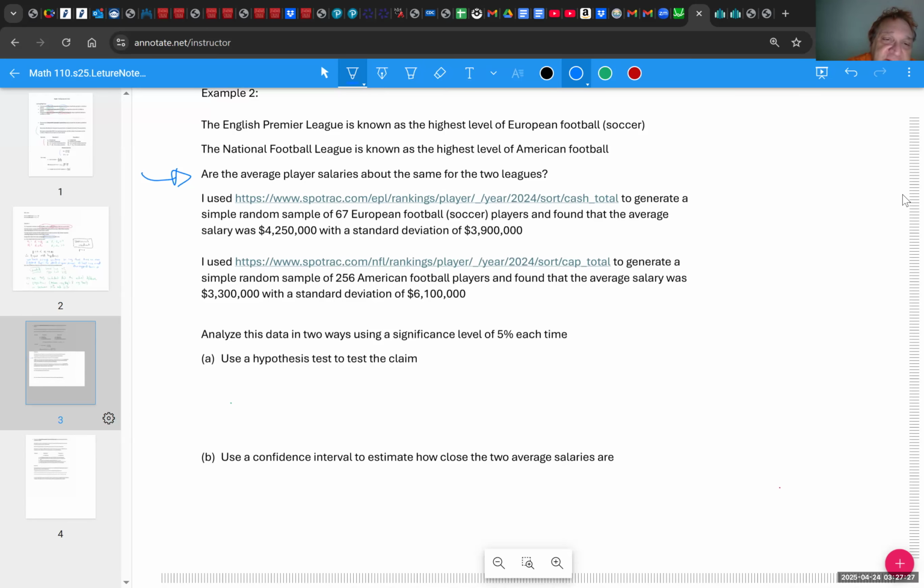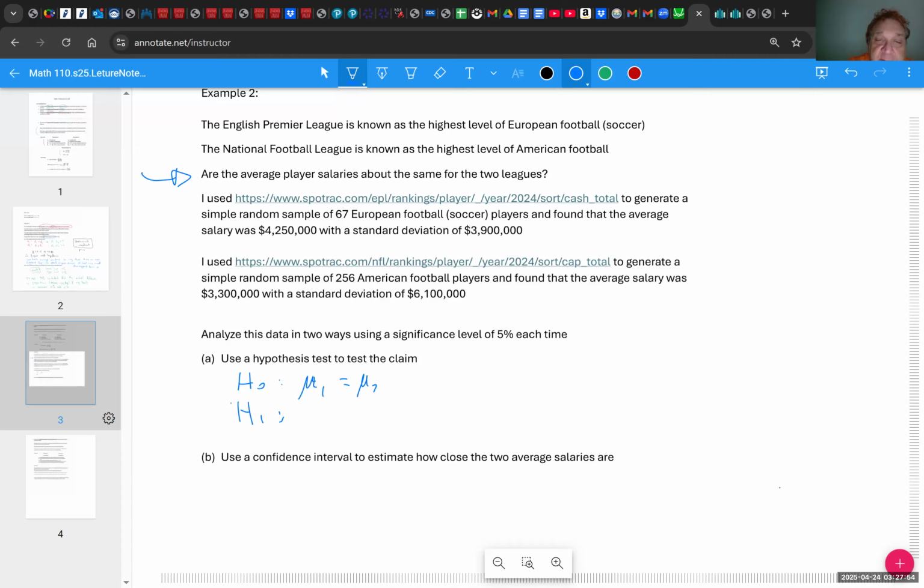For our hypothesis test, we need a null hypothesis and an alternative hypothesis. Our null hypothesis will always be equality. In this case, we're comparing the mean of one population to the mean of another population. We'll use mu, the symbol for population mean: mu sub 1 equal to mu sub 2.